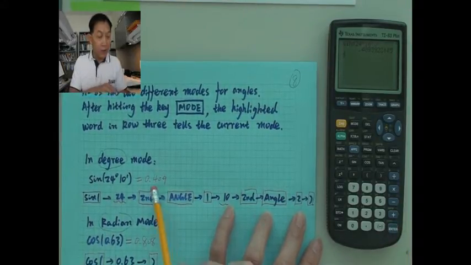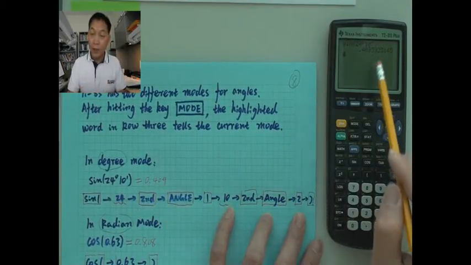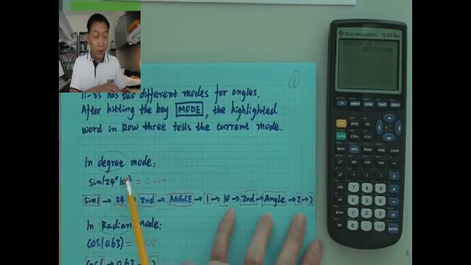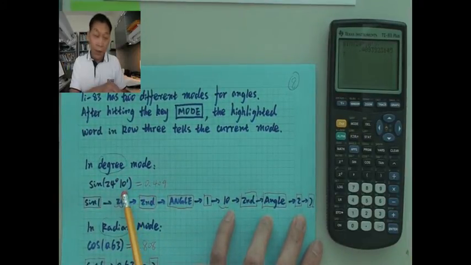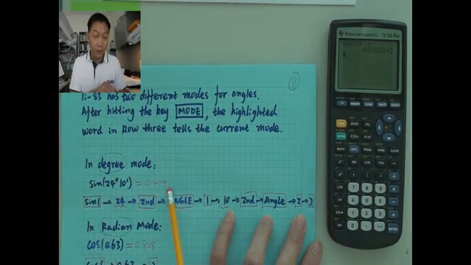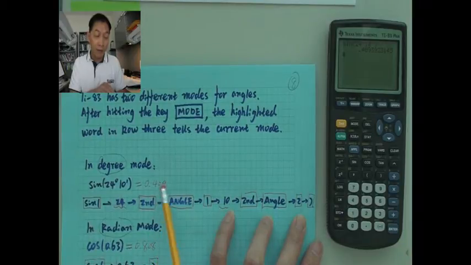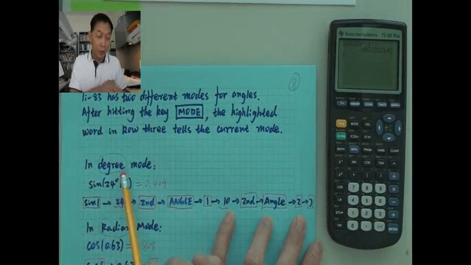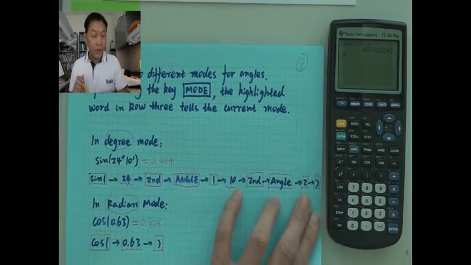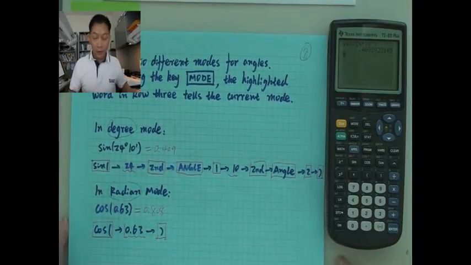So you have the answer 0.409. Remember, it has to be in degree mode. If it were in radian mode, you'd get a different answer. So be careful. That's one way to calculate sine.